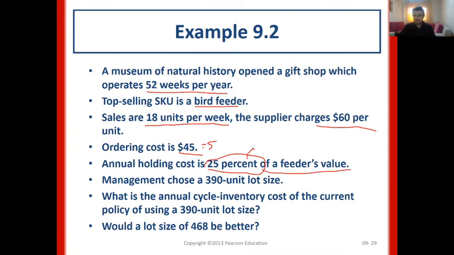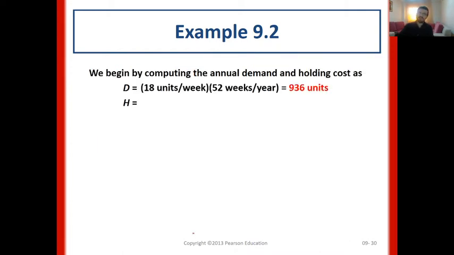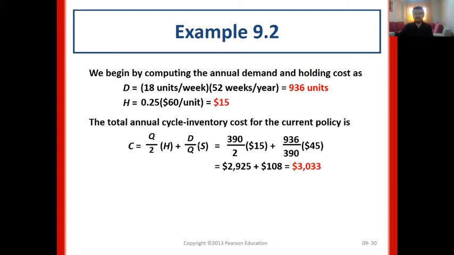In this case, you can suppose that this is I, and the feeder's value is its price. The company already chose 390 as the unit lot size, and they are asking what the annual cycle inventory cost is with this ordering quantity, and what happens to total annual cycle cost if the ordering quantity is 468. Let's go ahead and calculate each term and then the total cost.